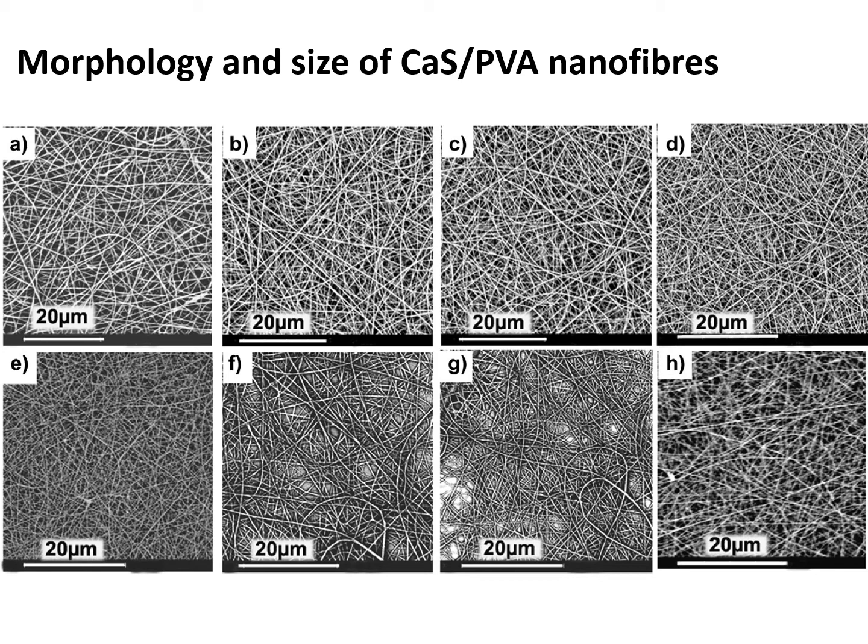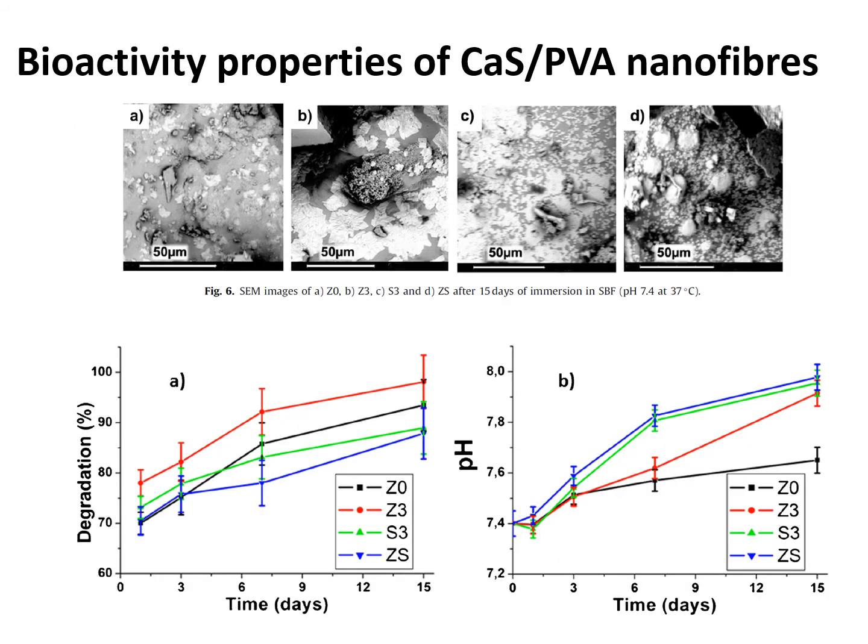It can be seen here that increasing the concentration of zinc is decreasing the diameter of the fiber, and on the other side, silver is increasing the nanofiber diameter. But in the presence of both together, zinc is having the dominant effect.